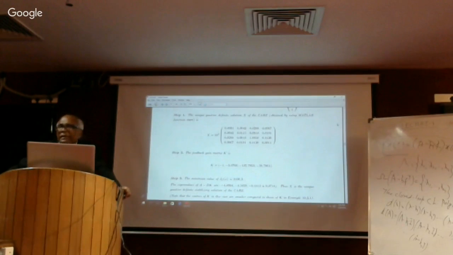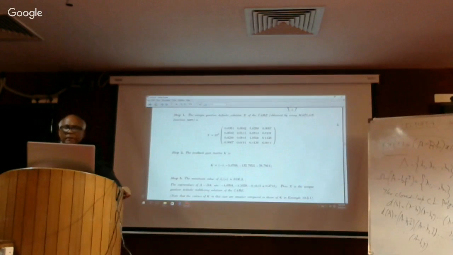That means this K stabilizes the system. And at the same time, we can find the unique optimal control U0 and the minimum value of the quadratic function.